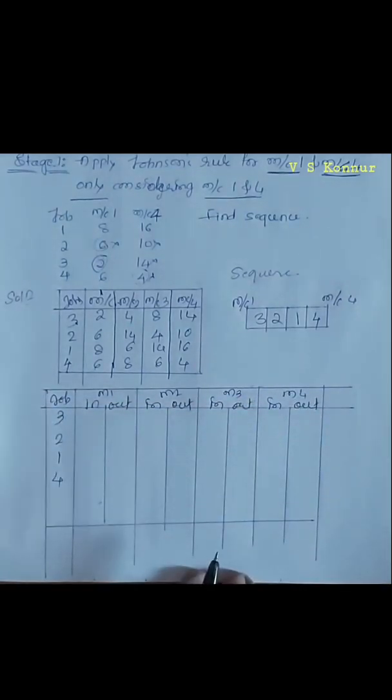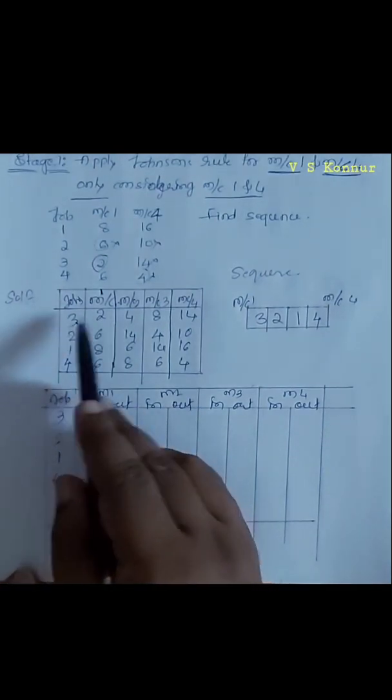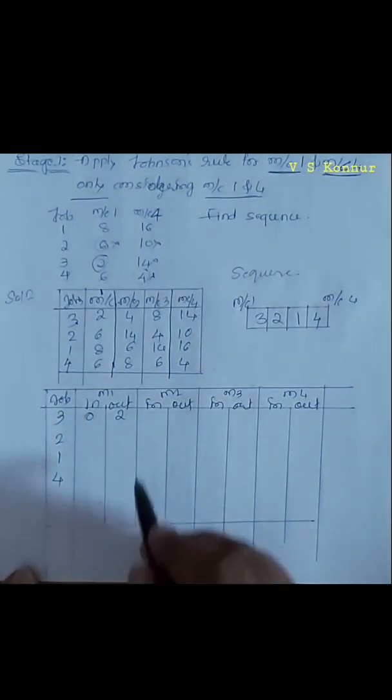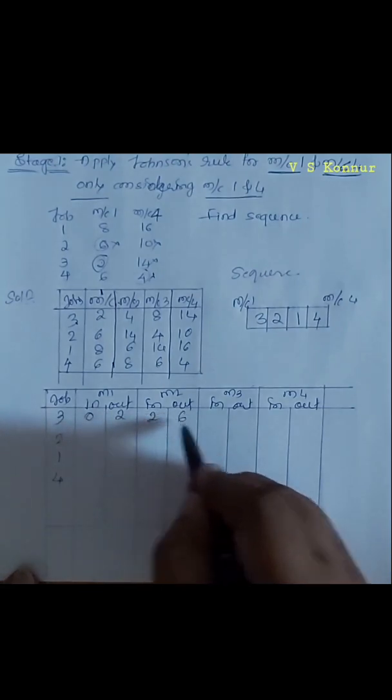For all 4 machines you have to write in and out. Now the third job is entering at time 0 and requires 2 hours to complete. Then it enters the second machine. It requires 4 hours to complete. 2 plus 4 is 6.